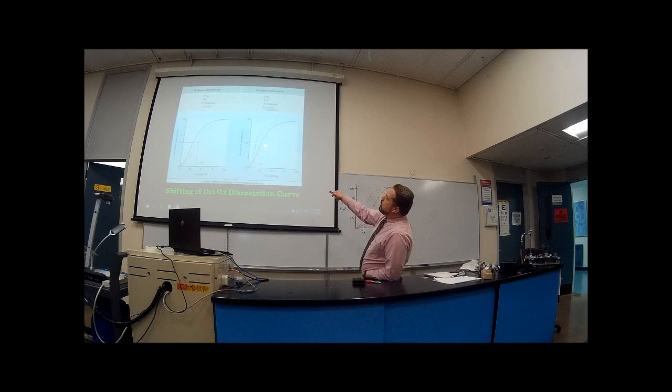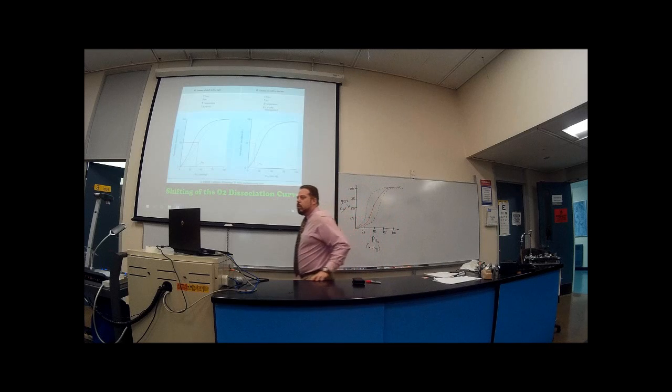If there's a shift to the left in this graph, so the solid line is the normal, but now the dotted line is showing a shift to the left, this is when we have a decrease in partial pressure of carbon dioxide. When the pH goes up, and let me just ask you, let's see where you are with this chemistry thing.